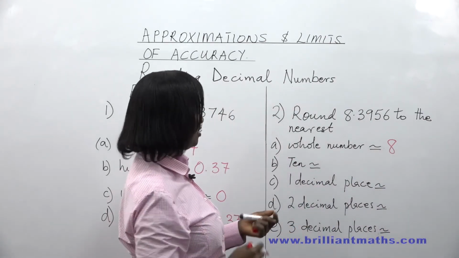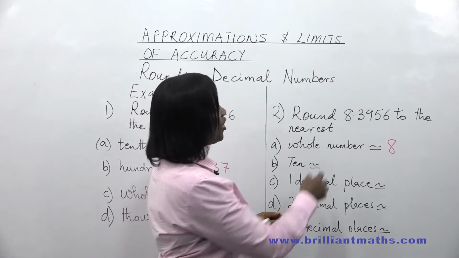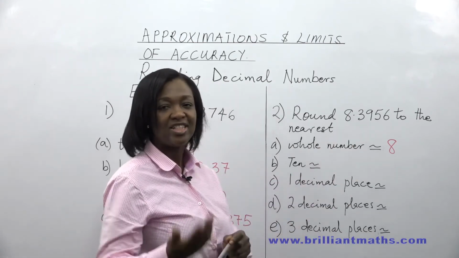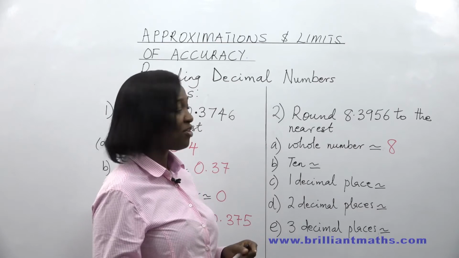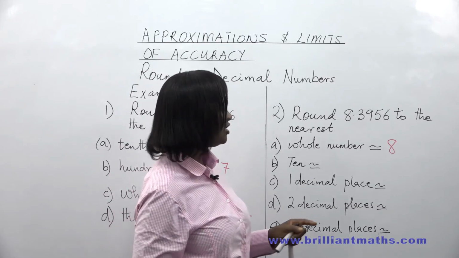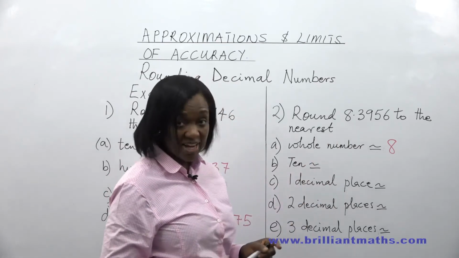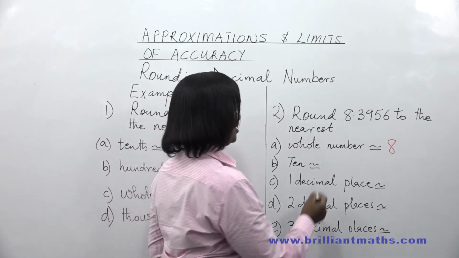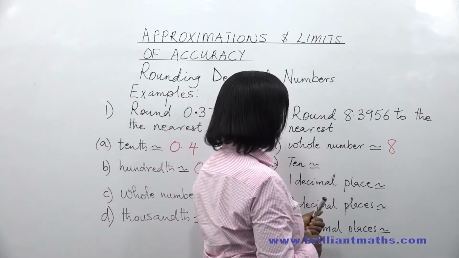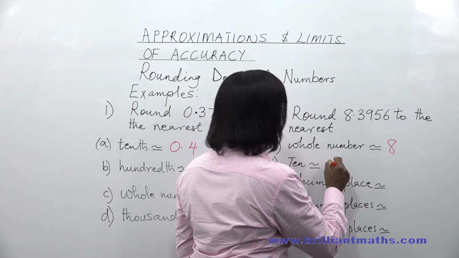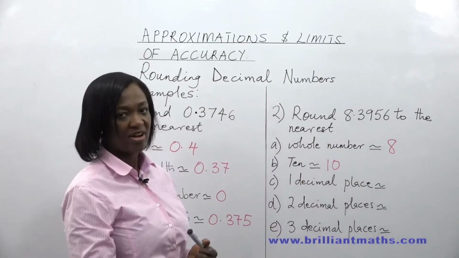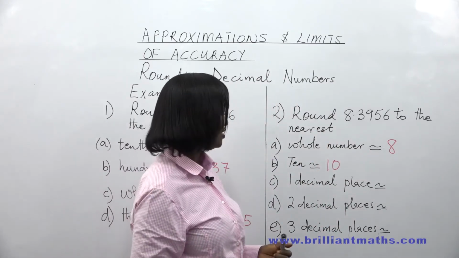To the nearest 10, the unit digit is 8, and 8 is more than 5. 5 is half of 10. So to the nearest 10, it is 10. 8 is closer to 10 than to 0, if we're counting in tens.